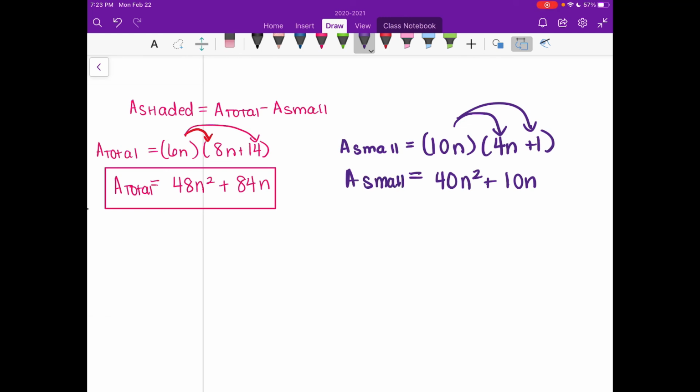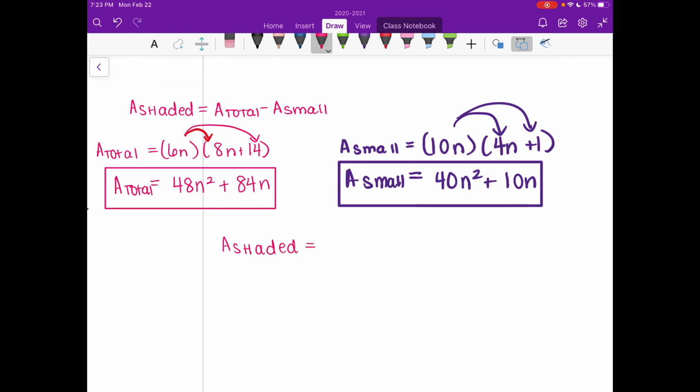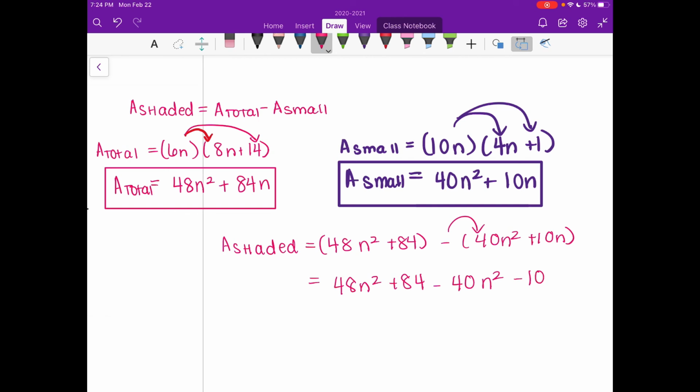Now we have the area of the total. We have the area of the small. We want to find the area of the shaded. So let's just go plug it back in. Area shaded is equal to, and it always should be in brackets, 48n squared plus 84n minus bracket 40n squared plus 10n, right, equals 48n squared plus 84n. We can drop those brackets, distribute the negative 1 in, so just change all the signs, minus 40n squared minus 10n, right?